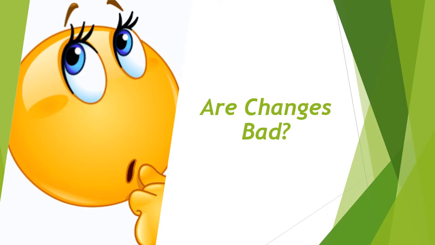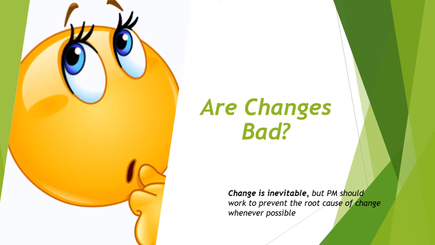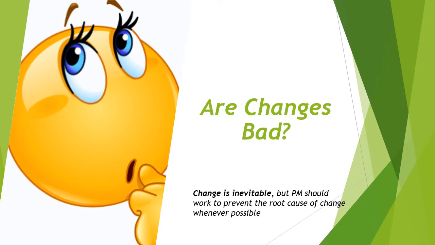So what can we do? Changes are inevitable, right? You cannot prevent changes on a project. So the project manager should try to focus on preventing the root cause of change. The root cause may be that the project planning was not done properly.